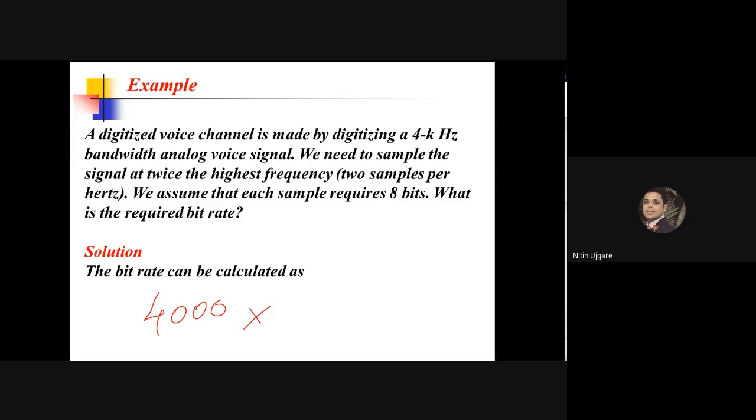We have seen that we need to sample the signal at twice the highest frequency. This is the highest frequency of the signal, that is 4000 hertz, and we are assuming that each sample requires 8 bits. So that will give me the answer.